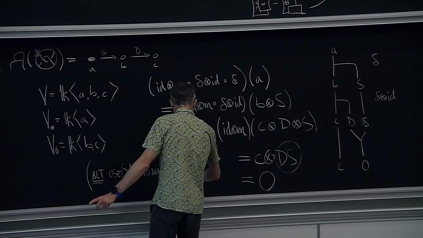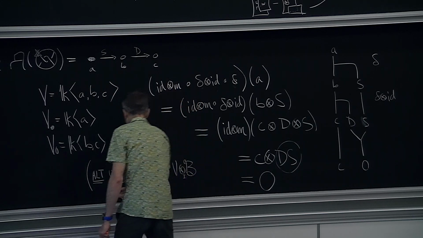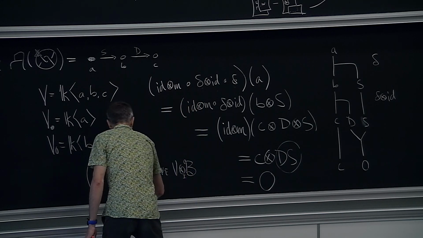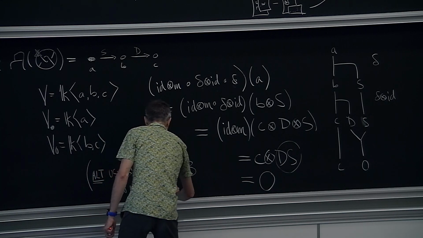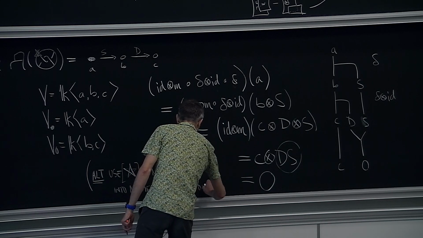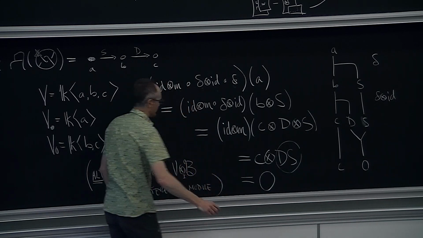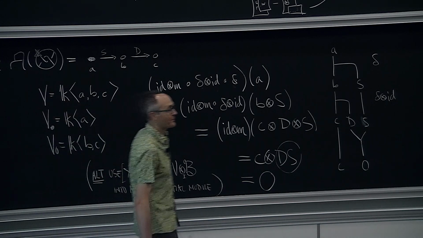V tensor B over I into a differential module. Which is another answer to Emmanuel's question. All right. So it was foretold that I would spend a long time on this part of my notes.